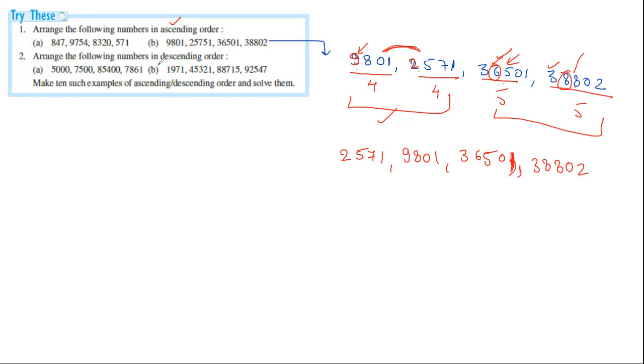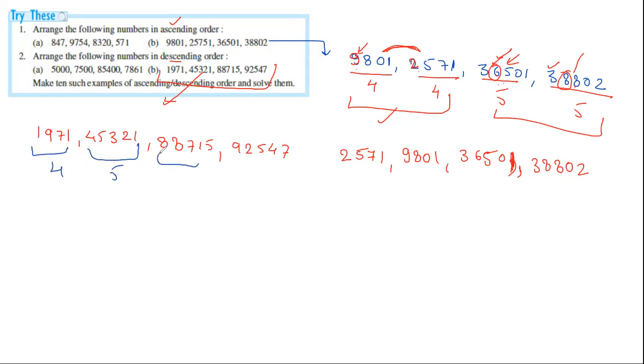Now he's asking us to write it in descending order. Okay, so here also I'm taking this example: 1971, 45321, 88715, 92547. Here in these 4 digits there is 5, 5, 5.